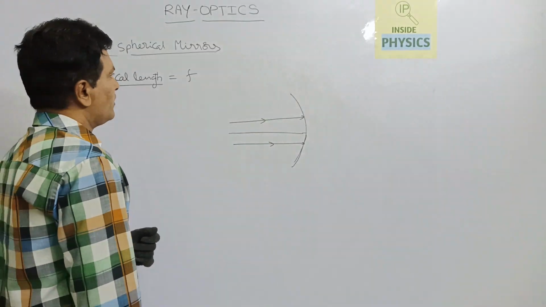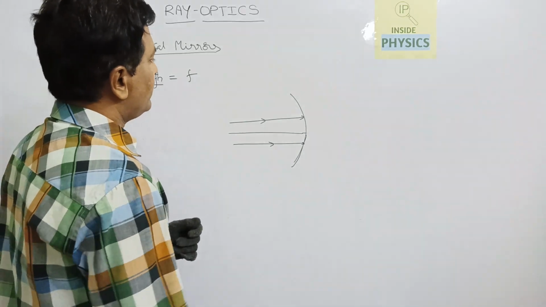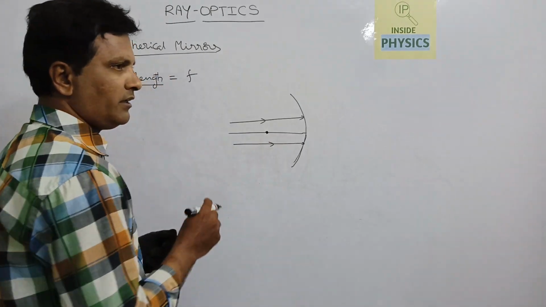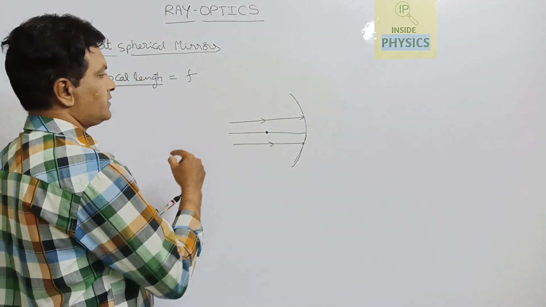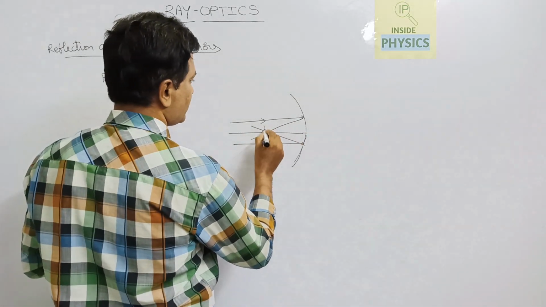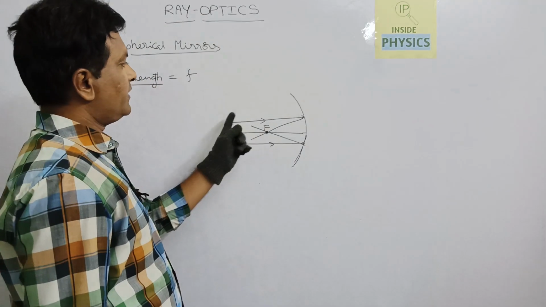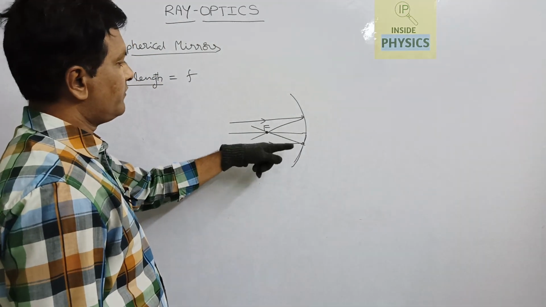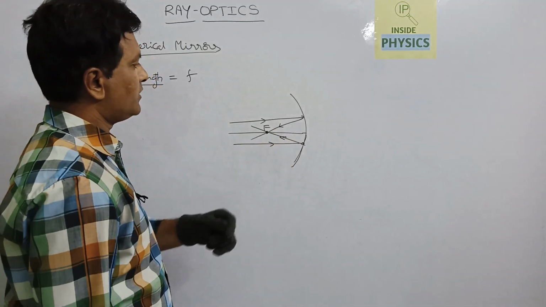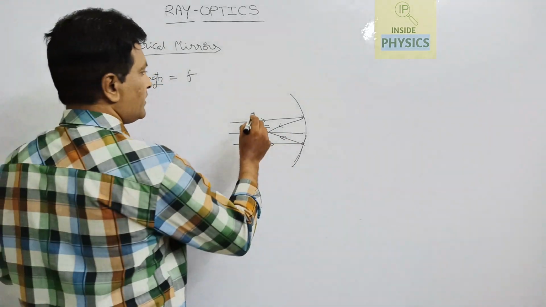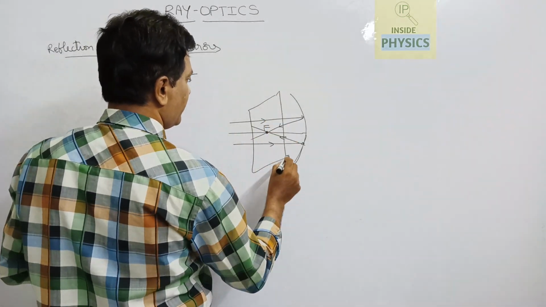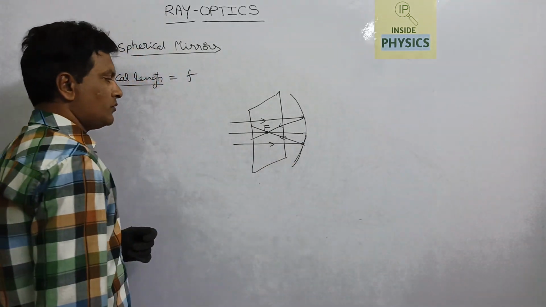Okay, so here there is some point called focus, as we already discussed, where all the rays will be reflecting back and passing through this point called focus. And these incident rays, reflected rays, and the point of focus all lie on a single plane, and this plane is passing through the focus.